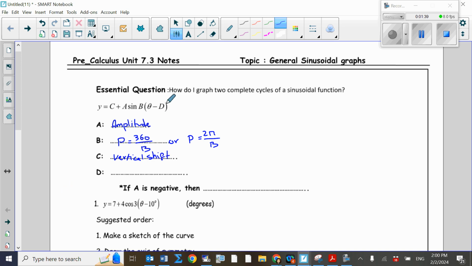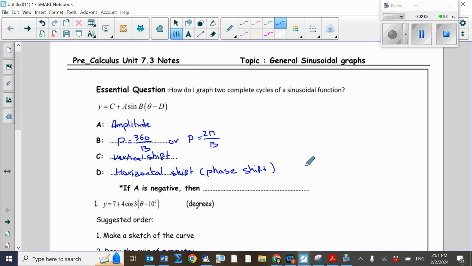And the D value is the horizontal shift. The D value can move your function to the left or right. We also call that phase shift.